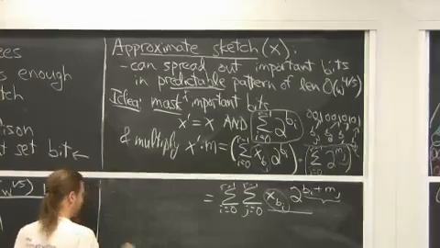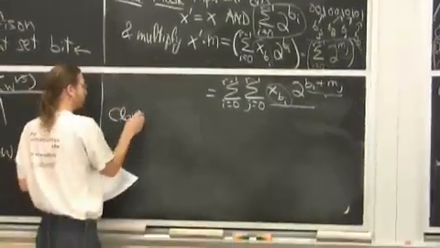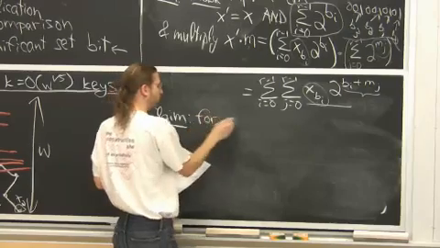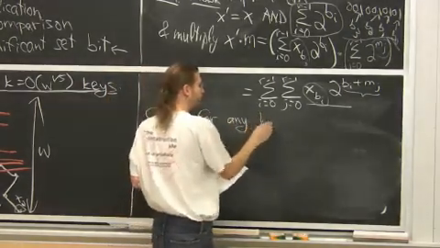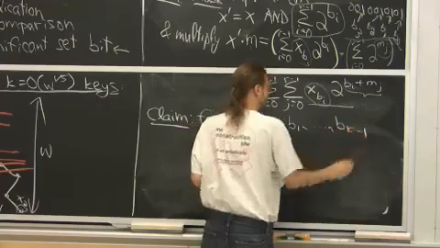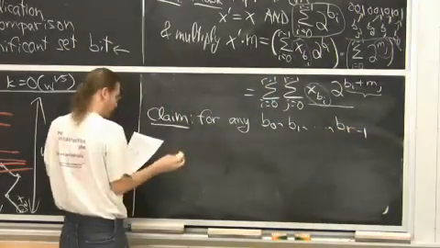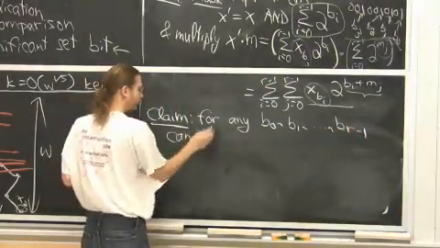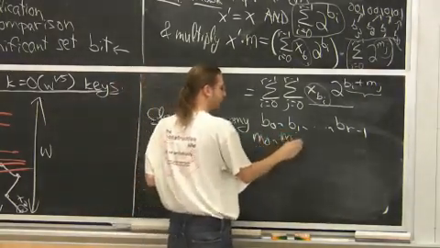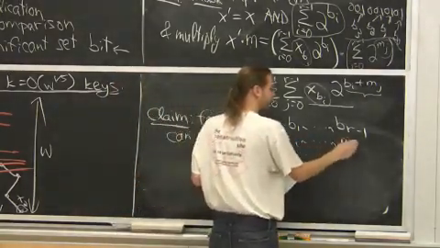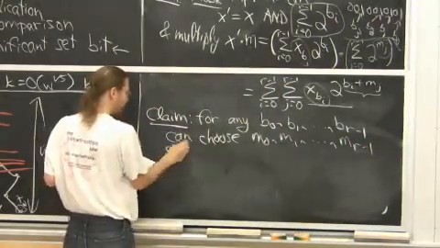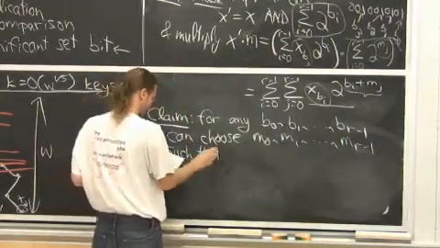So let me tell you the claim, which we will prove by induction. So we're given these b_i's that we can't control. Those are the important bits. And the claim is we can choose the m_i's such that 3 properties hold.